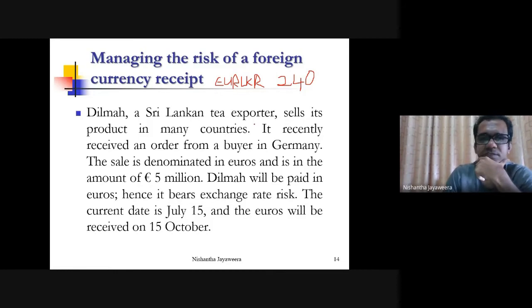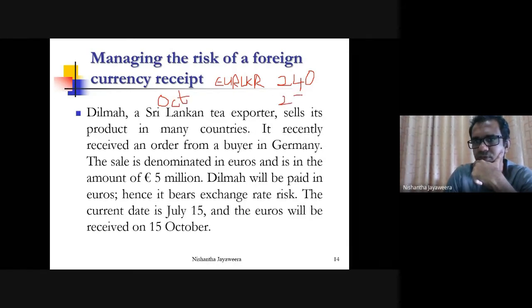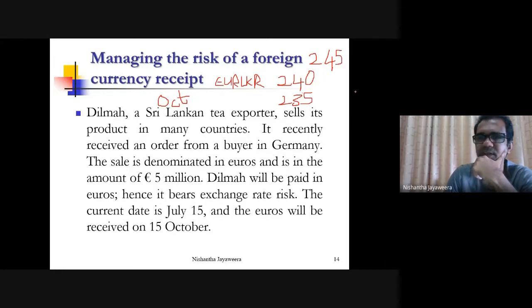What is the risk for the Sri Lankan tea exporter if in October this rate goes to 235 or 245?